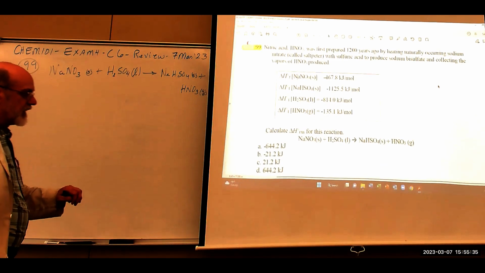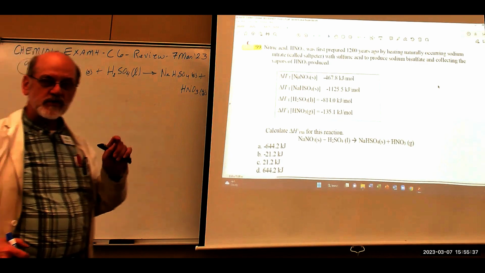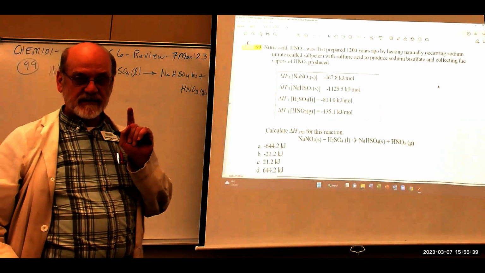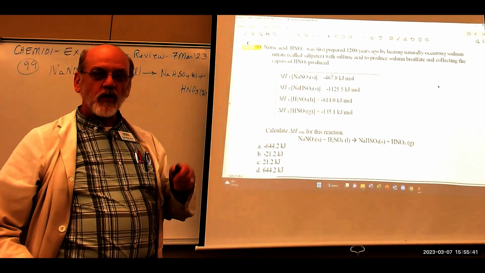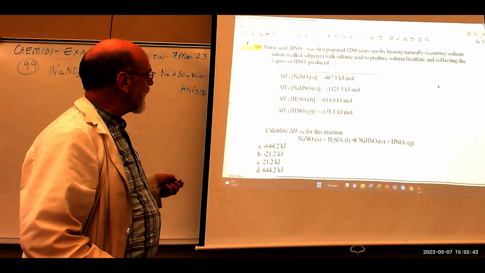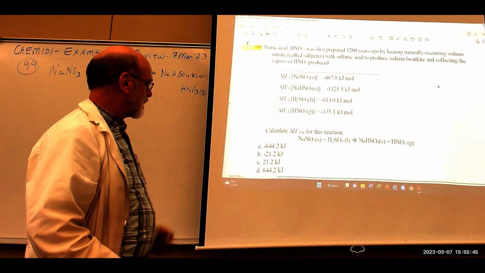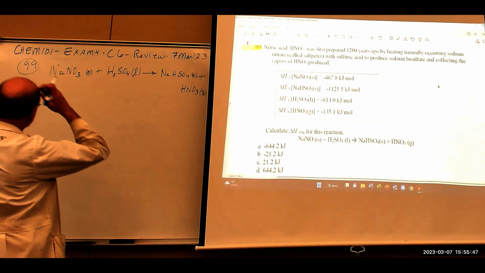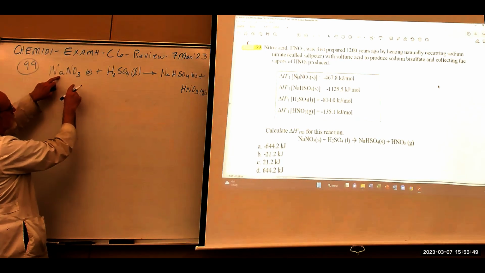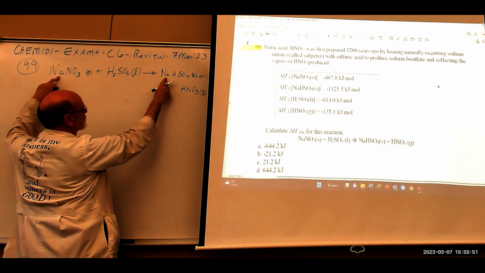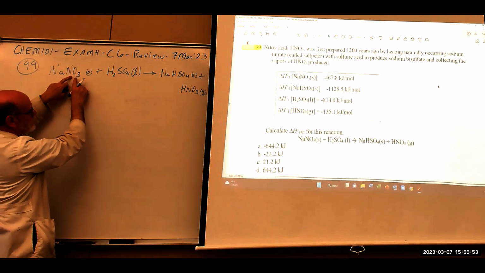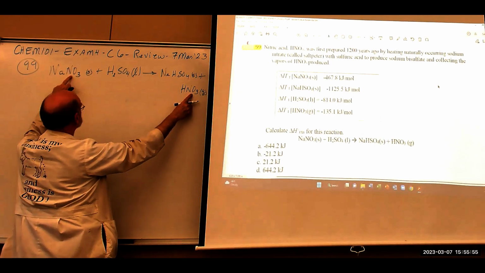Okay, before we can do anything, what we need to do is be sure that this equation is balanced, because the coefficients enter into the calculation here. So let's be sure it's balanced. One sodium, one sodium. One nitrate, one nitrate.